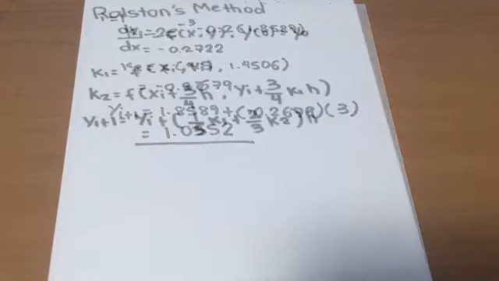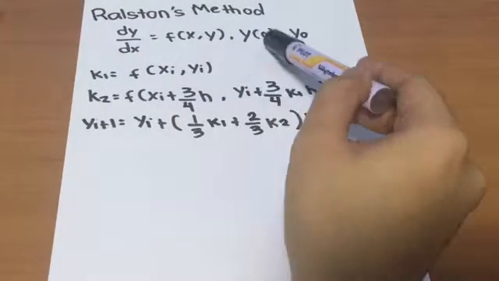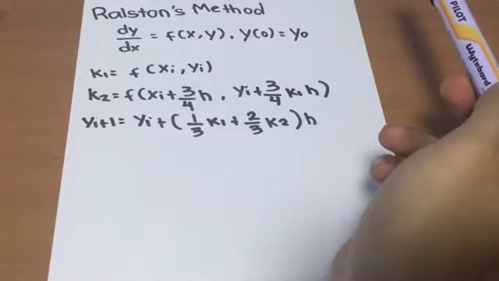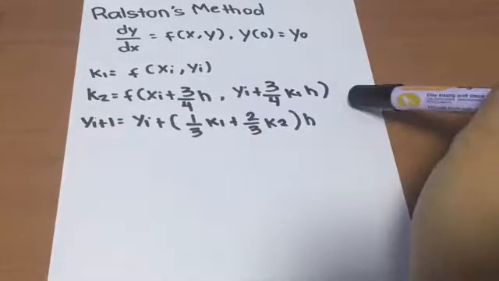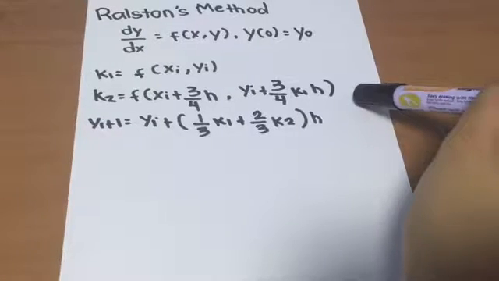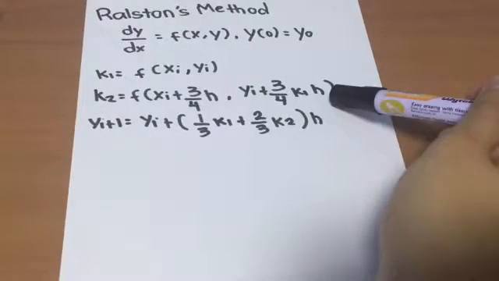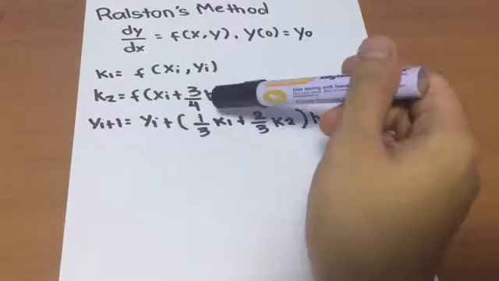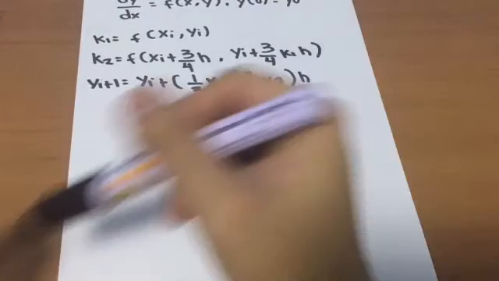So that's it. So still in our ODE, Ralston method, where dy over dx is equal to the function of x and y, and we are given the initial x and y, and we are given k1 same as before, k2 that will be the function of xi plus 3/4 h and yi plus 3/4 k1h, and that will be our yi plus 1.